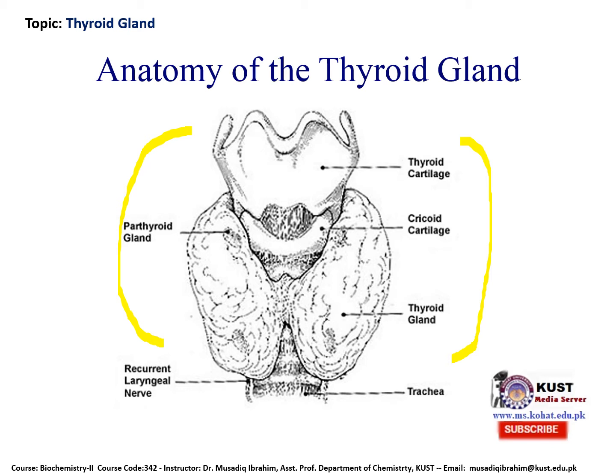And the anatomy of the thyroid gland is butterfly shaped bilateral organ with two lobes joined by an isthmus.